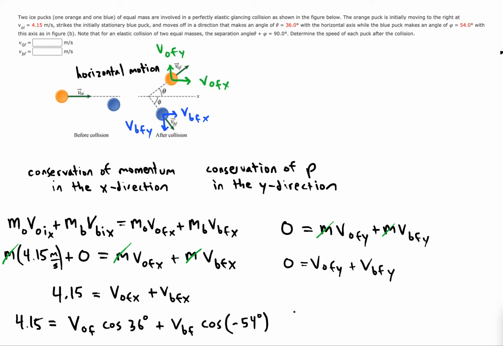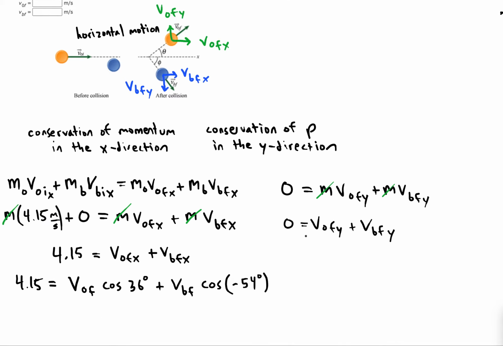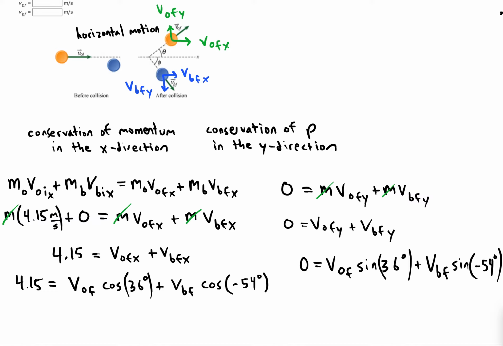And then we could write VO final sine 36, and then VB final sine negative 54. The goal is to get rid of 4 different variables and get it down to just 2. See, now it's down to just 2, and now it's solvable.